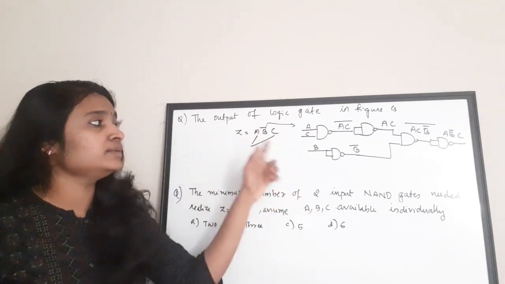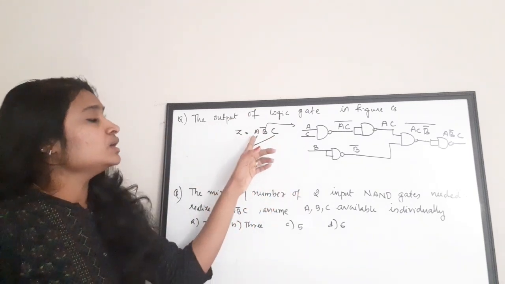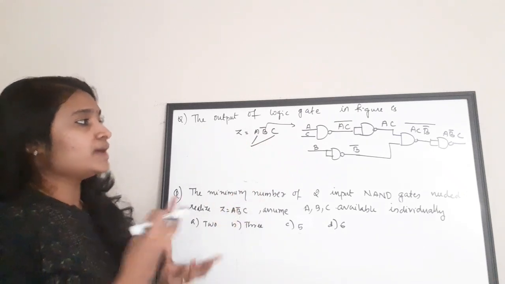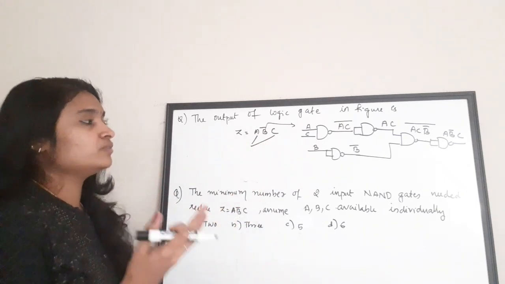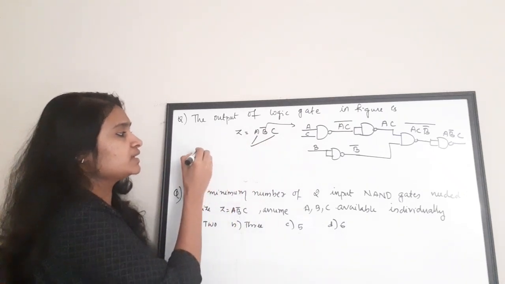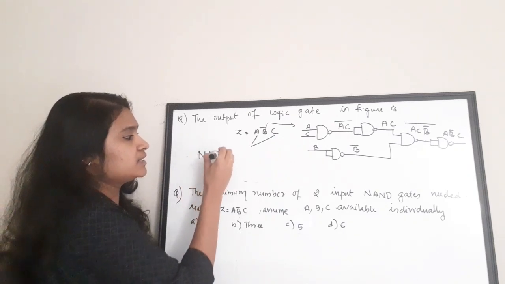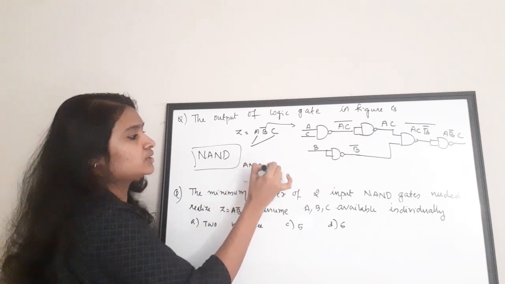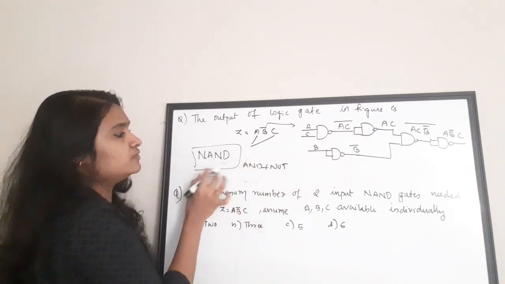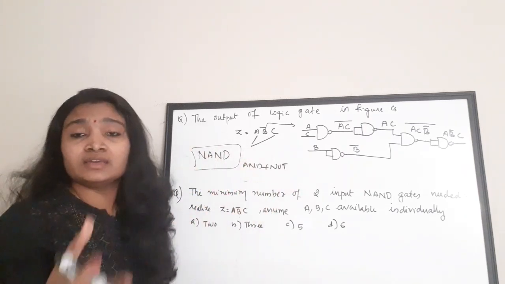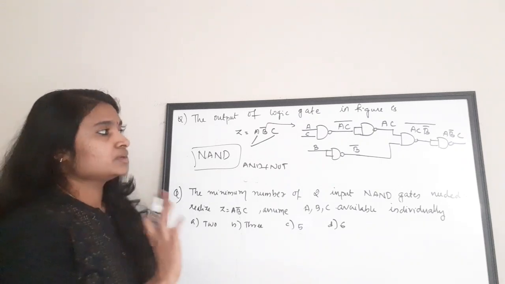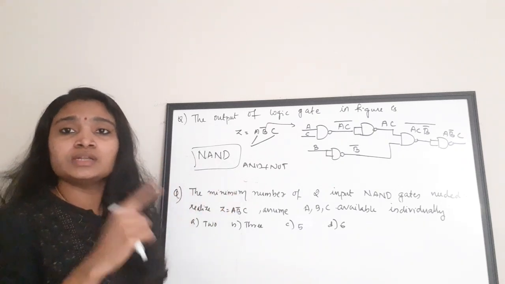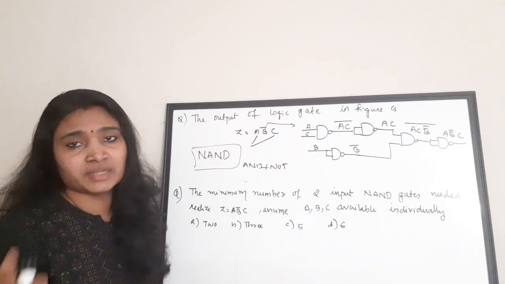It has only one term, that is a product term. So you can think of directly realizing it. But while thinking, you should know that you need to realize it with the NAND gate, right? NAND gate means AND gate plus NOT. So this NAND gate originally will give us a complement. That is, if you give A and C, it will produce the complement of AC.